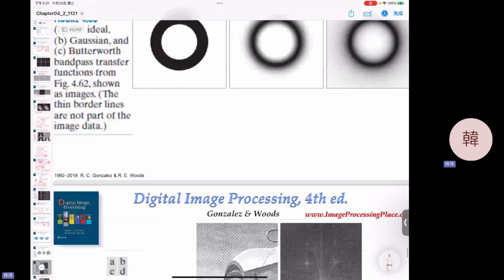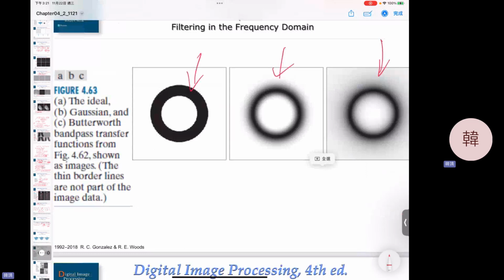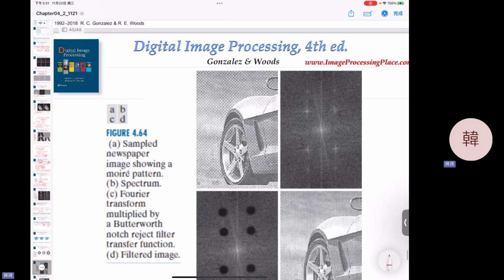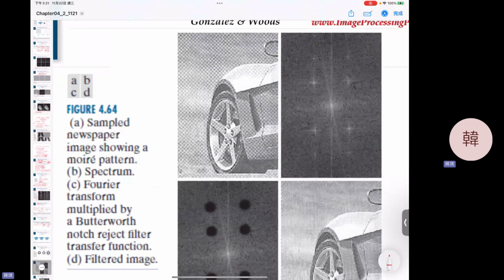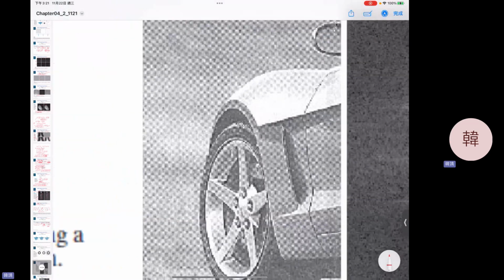So when can we use this filter on our image? What kind of condition would you use a band reject filter for? Like this image. If you have an image like this, you can immediately imagine there should be some noise signal located in a repeated pattern, right? You see some repeated pattern, and this kind of periodic pattern has its energy focused on some specific frequency components.